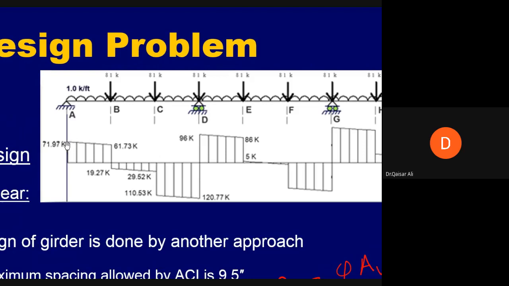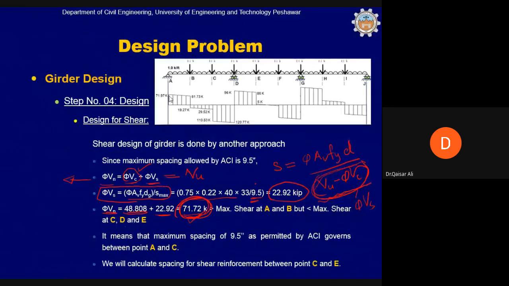Now if you look at this, you can see the shear 71.97 kip, 61.73, 19.27, 28 point something.